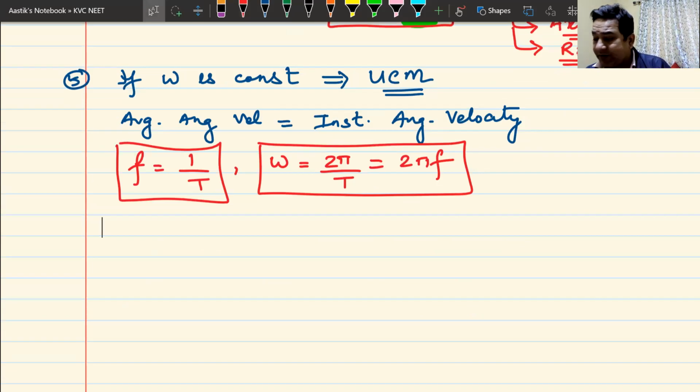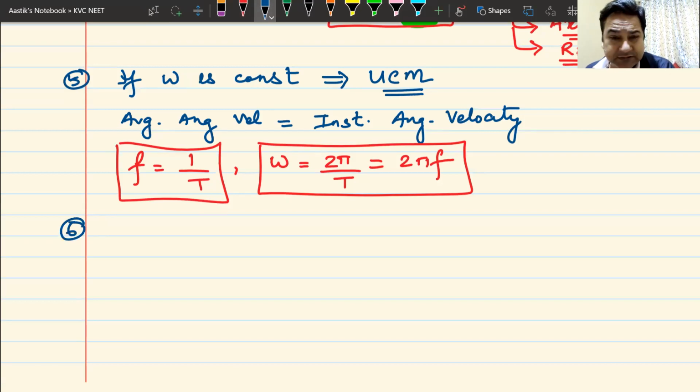Well, the next thing that we discuss, the last thing of yesterday's class, was if omega is not constant, then what happens? What changes omega? Angular acceleration. We had discussed two types of angular acceleration. The first one was average angular acceleration.